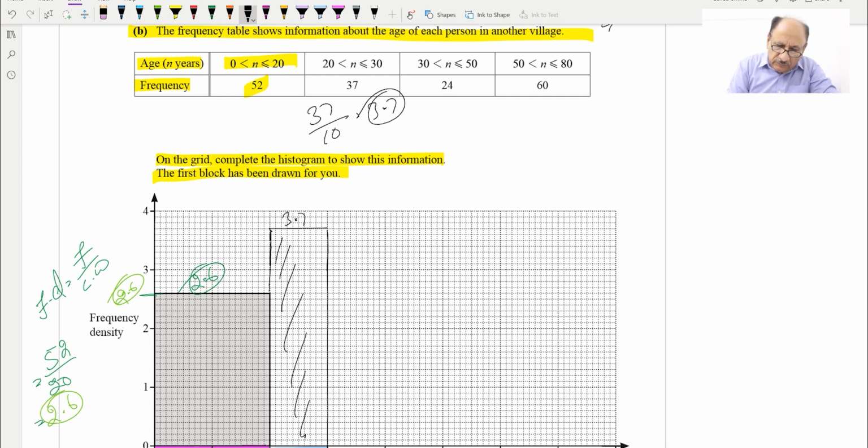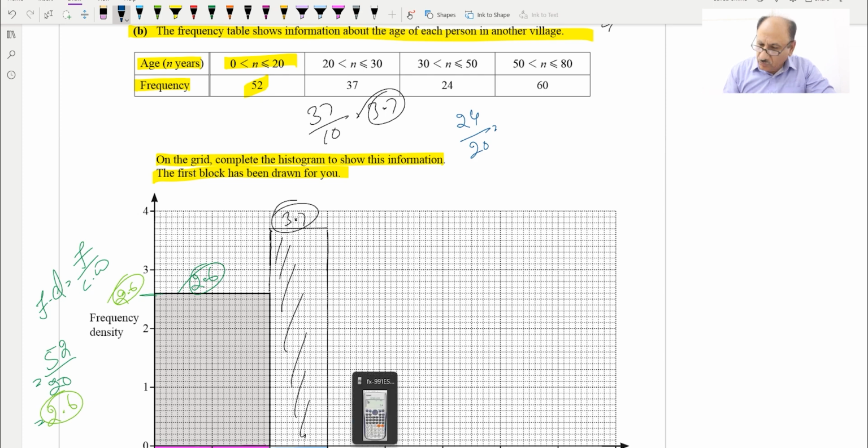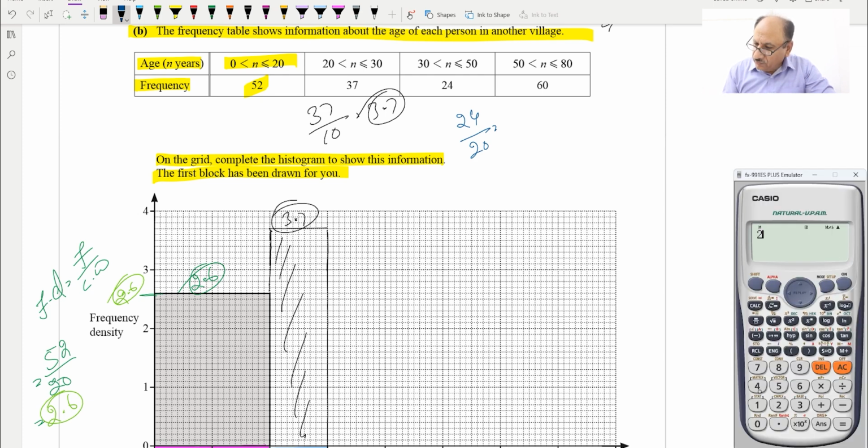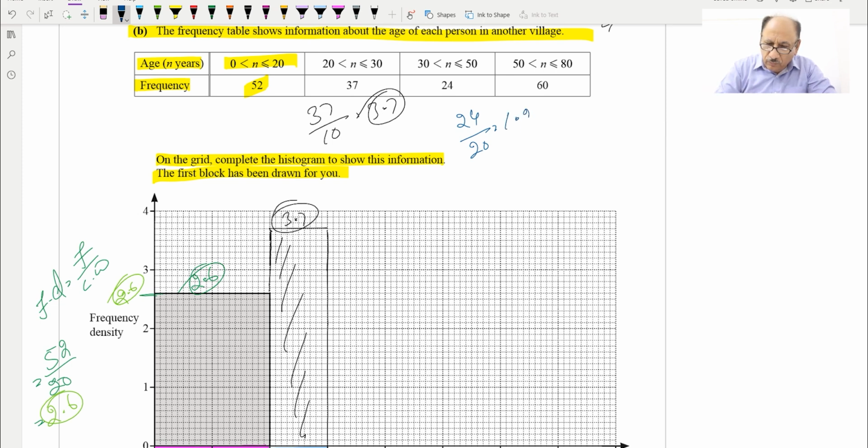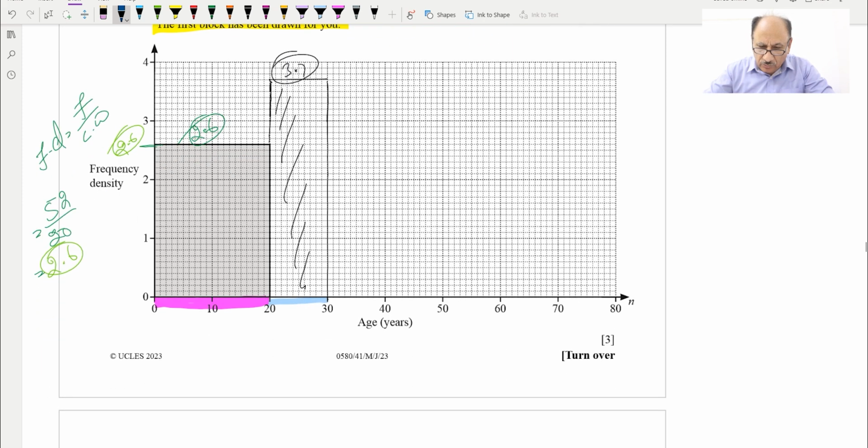Now next is what? Next is 24 over 20, and 24 divided by 20 is equal to 1.2. So 1.2 we need to draw from 30 to 50.